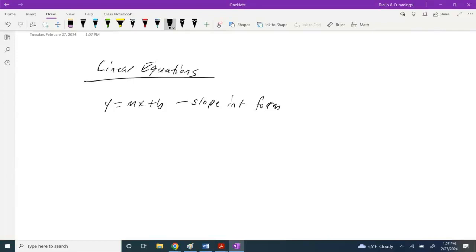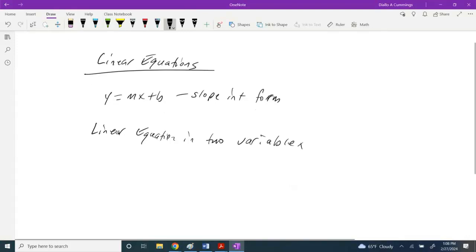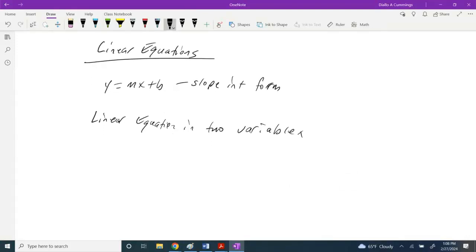But as far as a linear equation is concerned, you have what's called a linear equation in two variables, and it's usually written in this form: ax plus by is equal to c, where a, b, and c are just numbers.